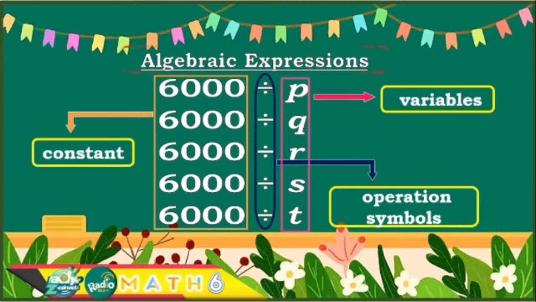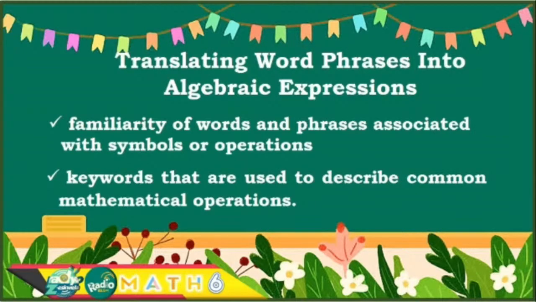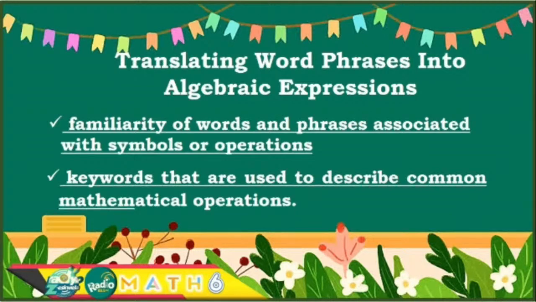In translating word phrases into algebraic expressions, familiarity with words and phrases associated with symbols or operations is very important. Pay attention to the following keywords that are used to describe common mathematical operations.